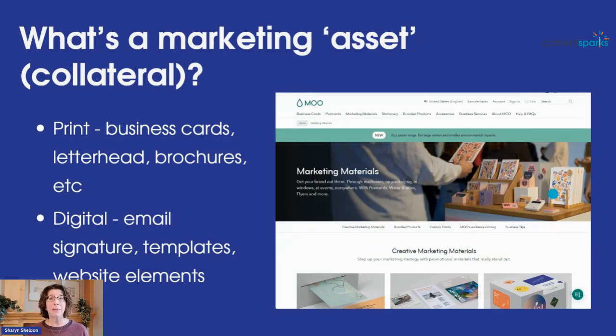Digital things like the email signature that I'll show you, templates like the ones you would use for social media or sales pages, and even website elements that you could have ready to go, like banners or call to action buttons. These are all things that you can have set up and designed in advance, have your core toolkit that you can then customize each time.